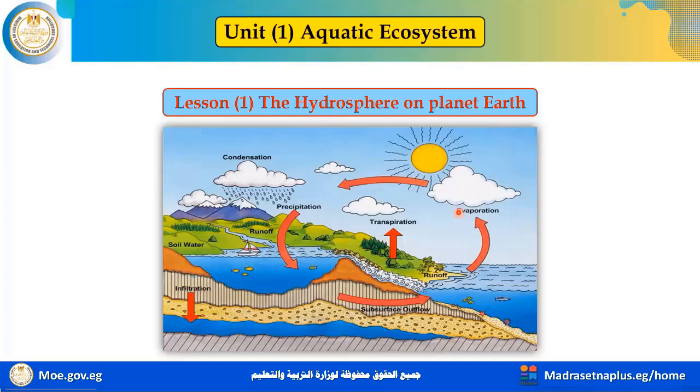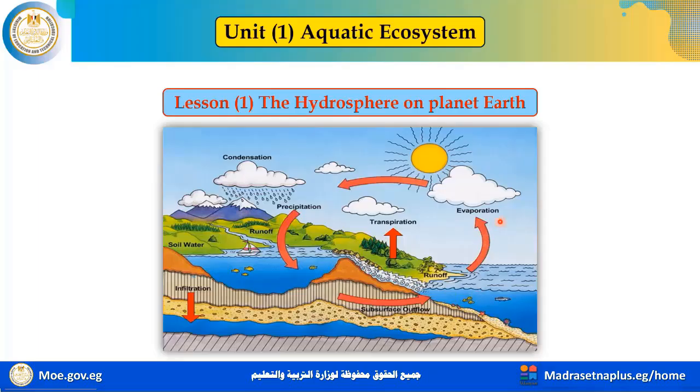Is it clear now? Okay, I will repeat that again for more clarification for my dear students. The story again started from the sun. The heat of the sun evaporates the water of seas, oceans, rivers, and every aquatic area on earth.